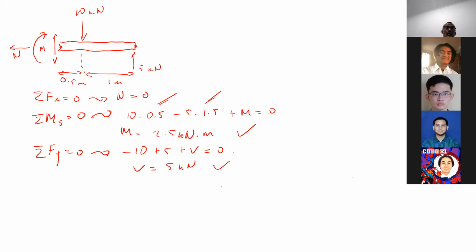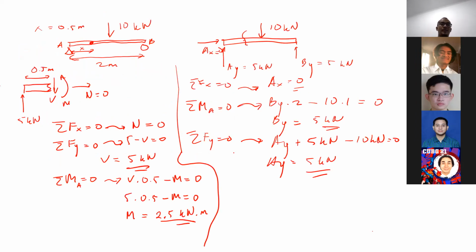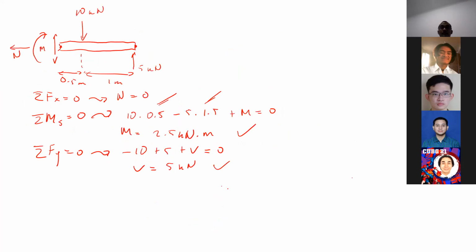And if we use the left section, it's the same: the shear force is positive 5 kilonewton and the moment is positive 2.5 kilonewton meter. So whichever section you use, left or right, the result is supposed to be the same. You can see it here. Is there any question about this?